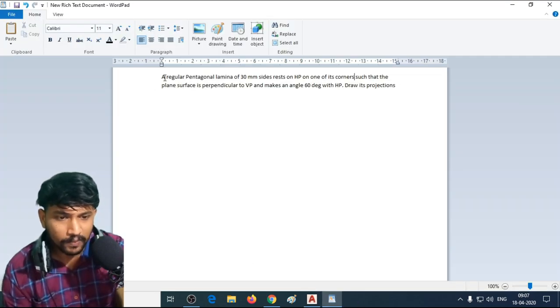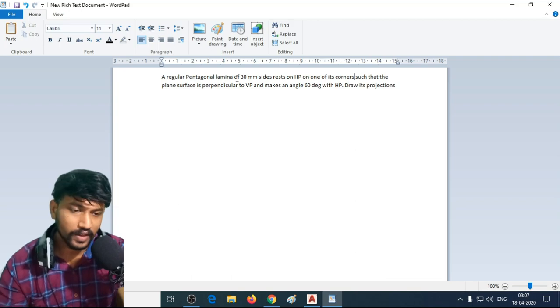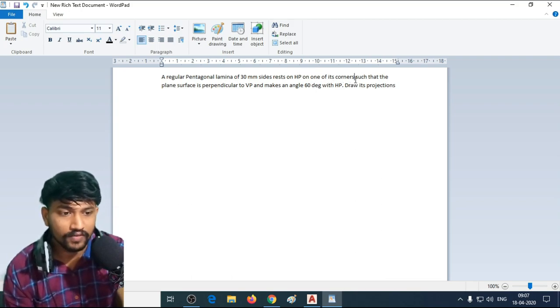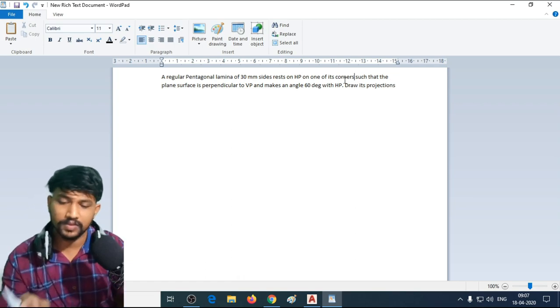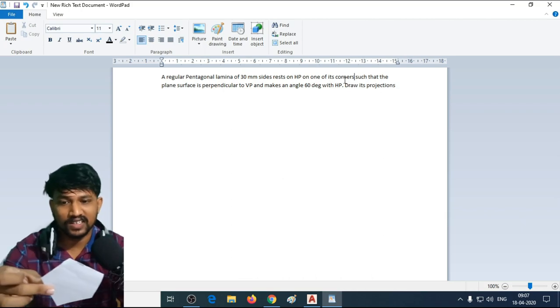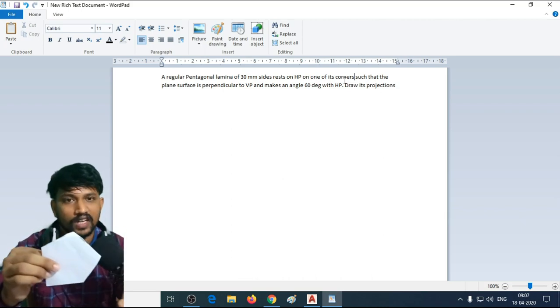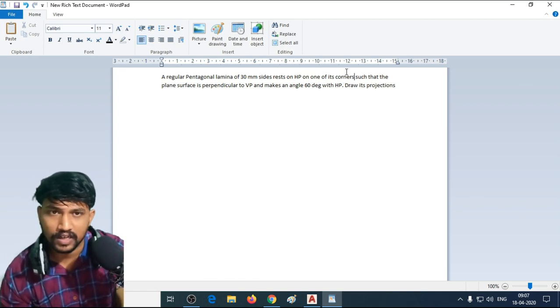A regular pentagonal lamina of 30 mm side rests on the horizontal plane on one of its corners. There are 5 corners for this pentagon, right?